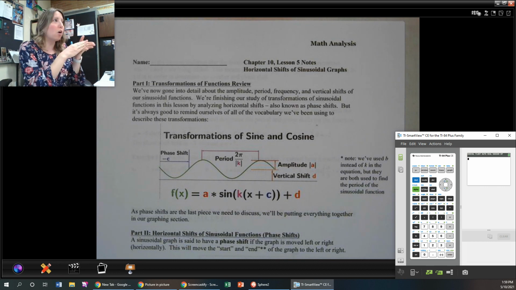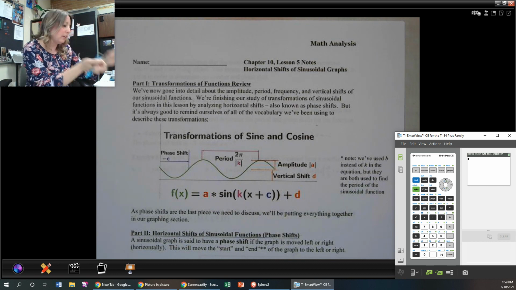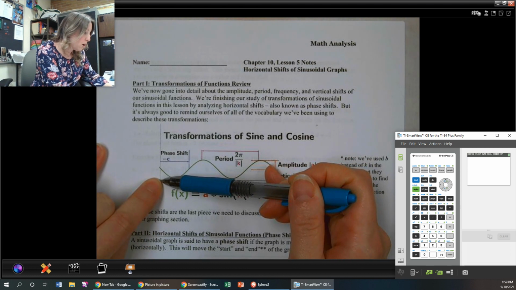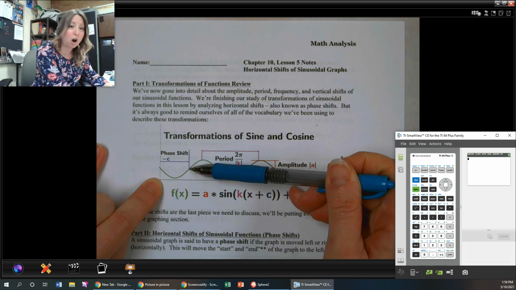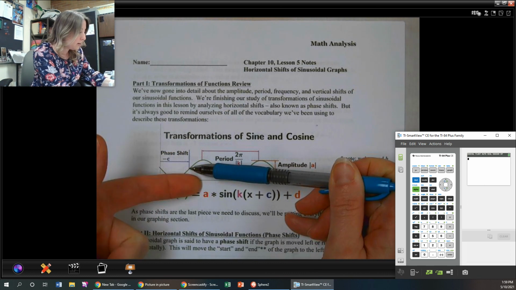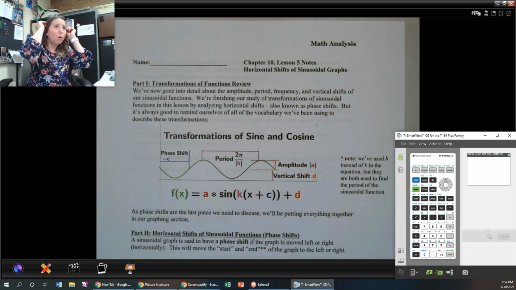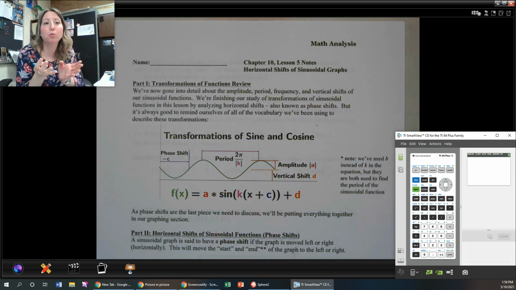Normally, for example, a sine function would start down here at 0, 0. But when it comes to a phase shift, your sine function is going to start in C places like this. And when it comes to being inside parentheses like that, it's always the opposite of what you think, right?